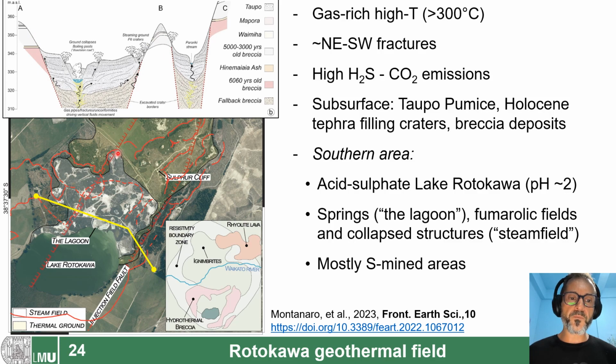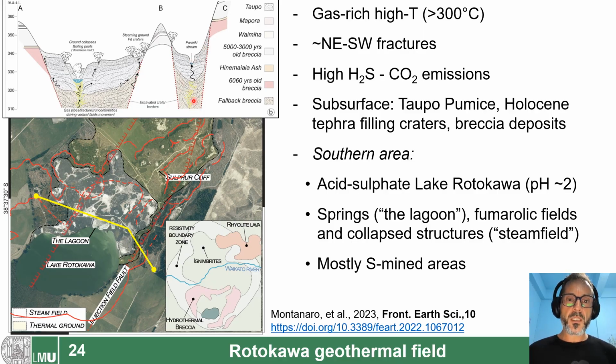Here you can see the border of the craters from the past activity before Taupo pumice. And of course the geology includes breccia erupted during the eruption, as a breccia outside the crater and fallback material.